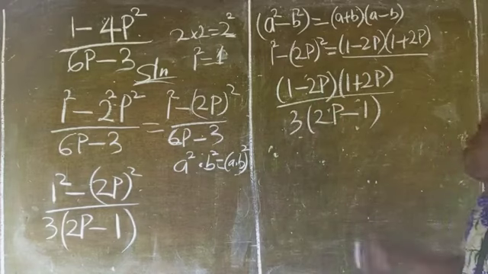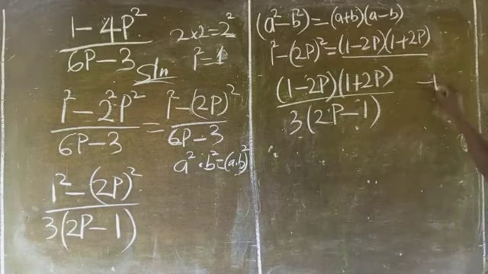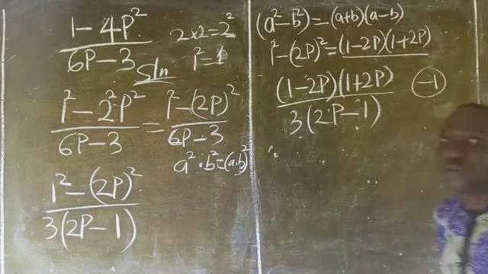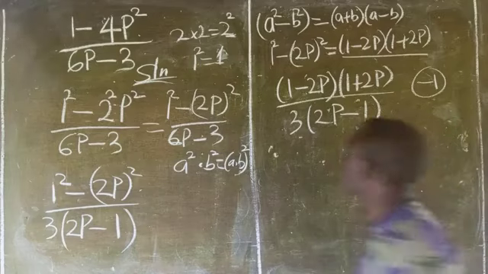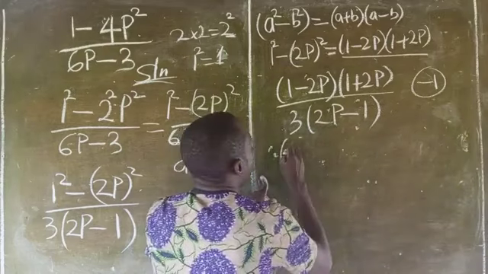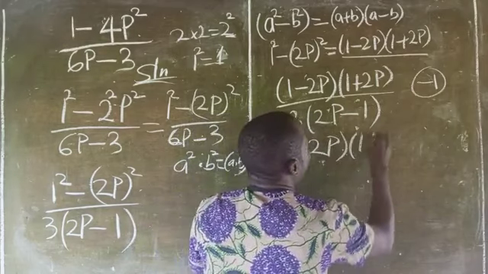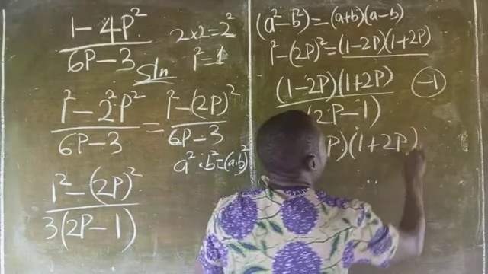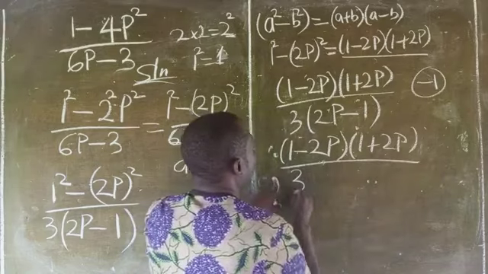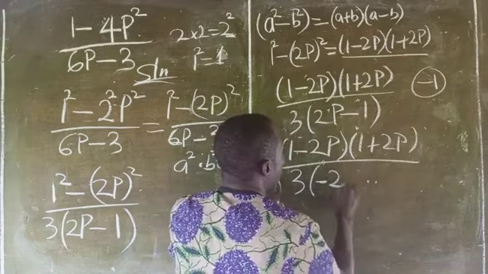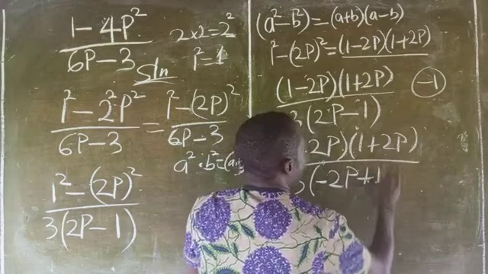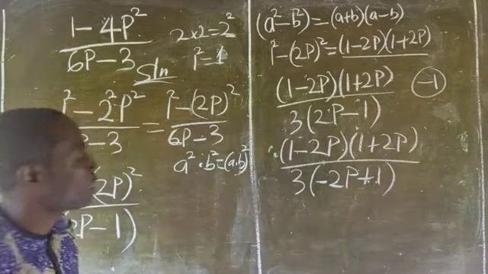So what do I mean? We're going to multiply the denominator by minus 1. If we do that, the expression becomes 1 minus 2p, 1 plus 2p all over 3 into minus 2p plus 1. You see, this is what I'm saying.